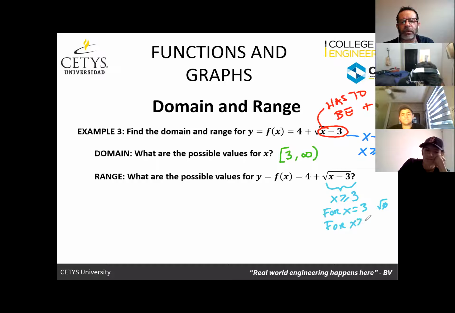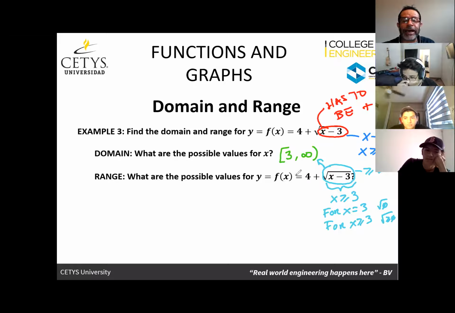For x larger than or equal to 3, the square root is going to be also larger than or equal to 0. That means that this value here for the domain that we defined is going to be larger than or equal to 0, right?